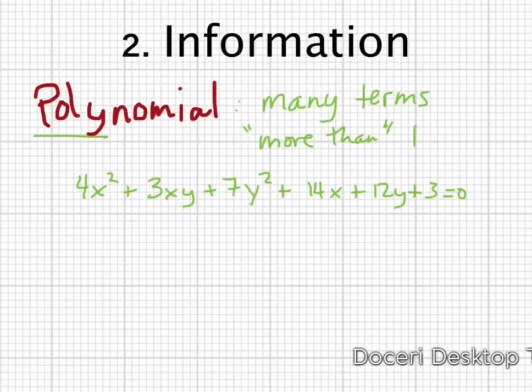This is an actual equation, so it would be considered a polynomial equation. But if we're just talking about the polynomial itself, it's without the equals 0 part. So it's not until we add the equal sign that it becomes an equation. Right now it's just an expression. So this is a polynomial.